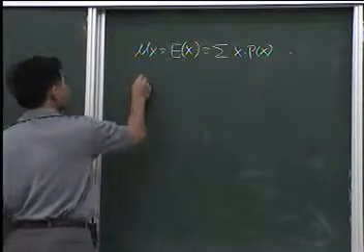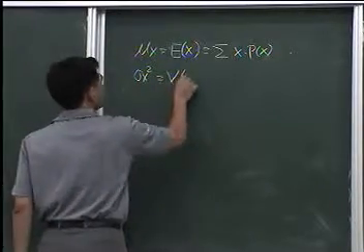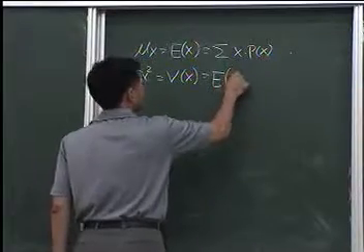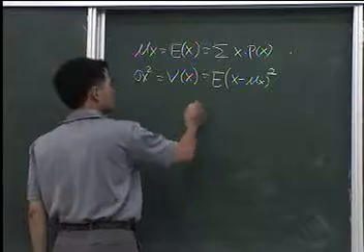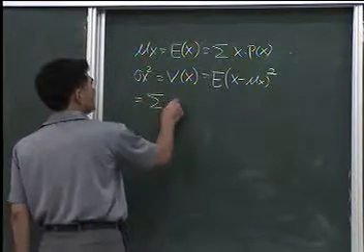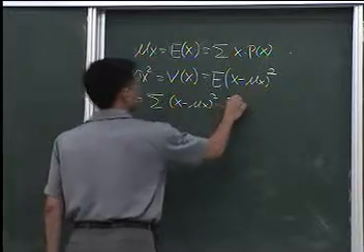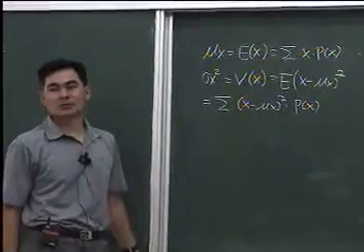If it is variance, we call sigma x squared, and that will be variance of x, and that is expectation of (x minus mu x) squared, right? And this is equal to summation (x minus mu x) squared times P(x). That is for discrete type.